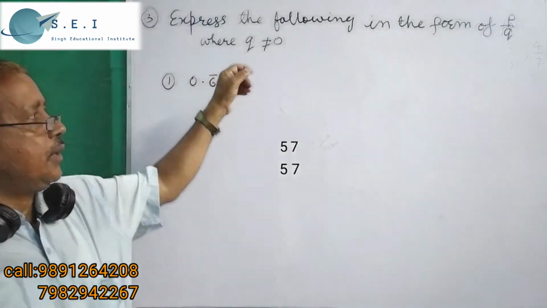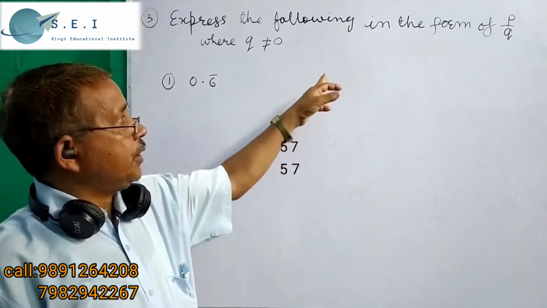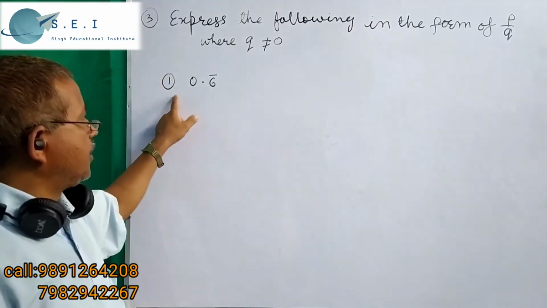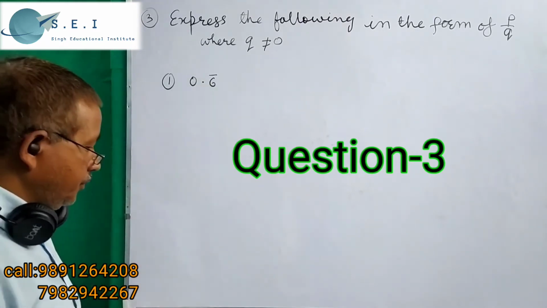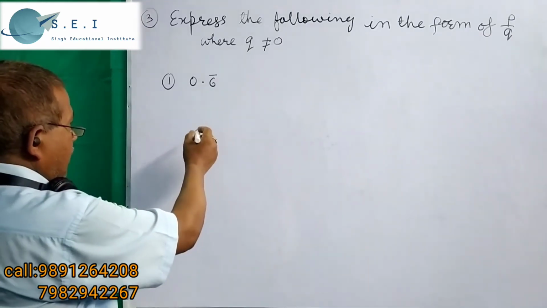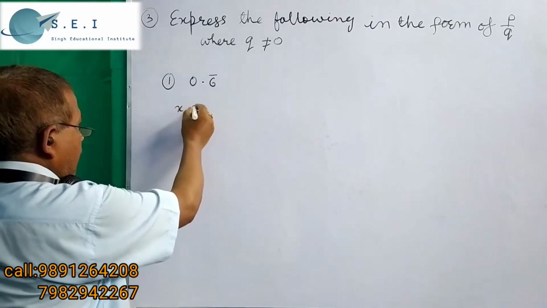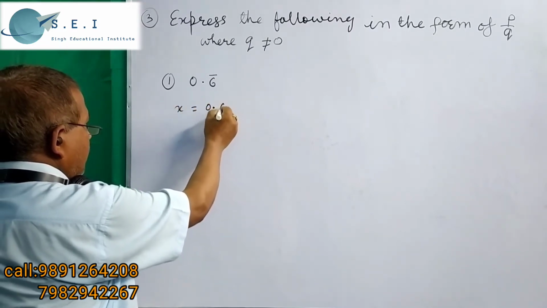Now the next question is: express the following in the form of p by q. The first question given is 0.6 bar. So let us assume x is equal to 0.6 bar.